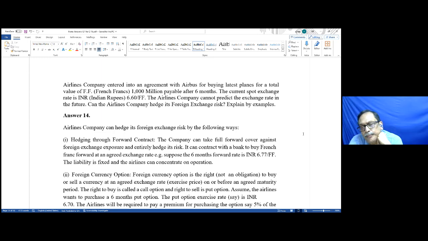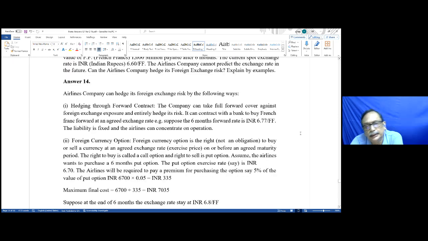So here, you are required to apply your own understanding of various modes of hedging. So the correct answer would be airlines company can hedge its foreign exchange risk by the following ways.